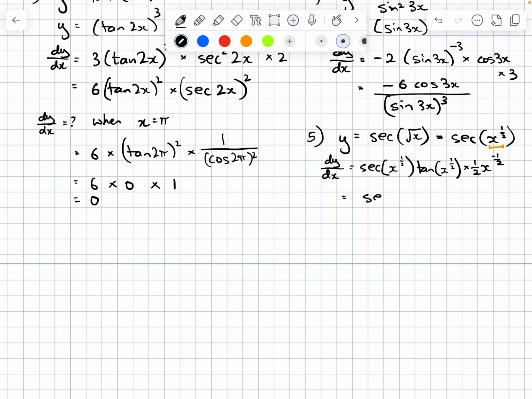So that's sec square root x tan square root x times by, and we can bring that x to the bottom of the fraction, 1 over 2 x to the power of a half, which finally gives us sec square root x tan square root x all over 2 square root x.